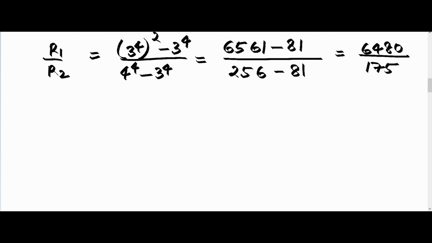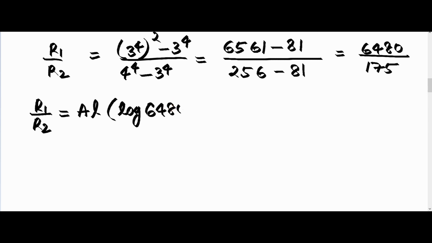Now how can we find out the value that we want? We can use logarithms. So applying logs on both sides and taking anti-logs, we will get the left hand side as R1 upon R2, that is the original value. On the right hand side, anti-log of log of 6480 minus log of 175.